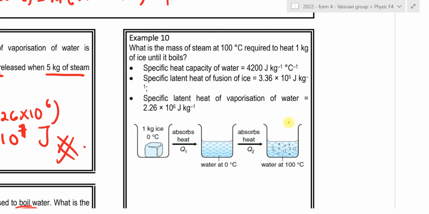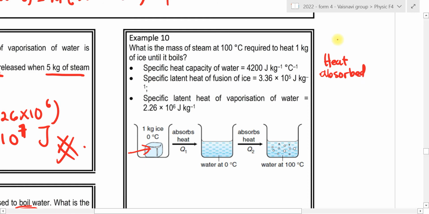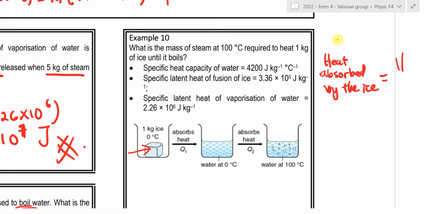Our idea to solve a question like this: first, we need to know how much heat is absorbed by this ice. The heat absorbed by the ice is equal to the heat released by the steam. For the heat released by the steam we will use ml, and we need to find the mass.